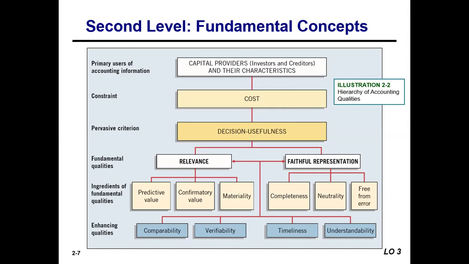And then materiality in relation to relevance. Information is only relevant if it's material, I guess you could say. Well, maybe that's giving materiality too much credit. If you think about the opposite, if information is immaterial, if information is not material, then it doesn't have much decision-making power, right?